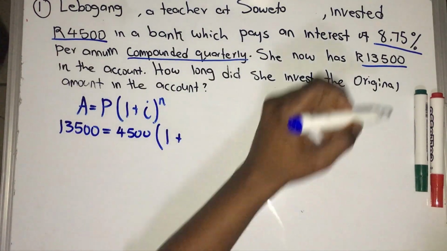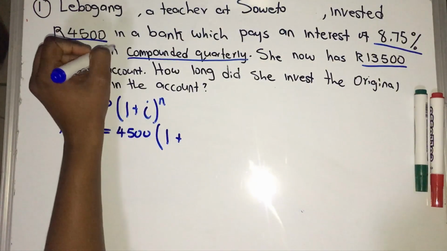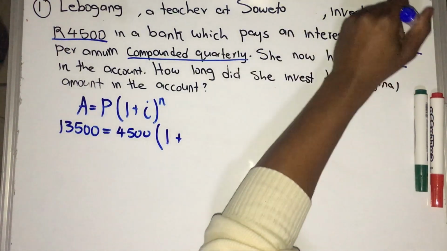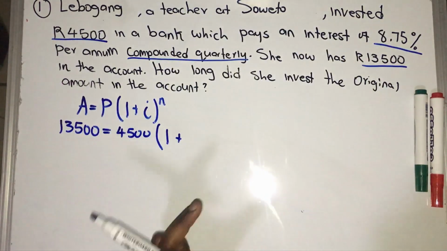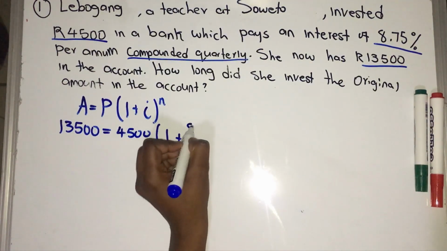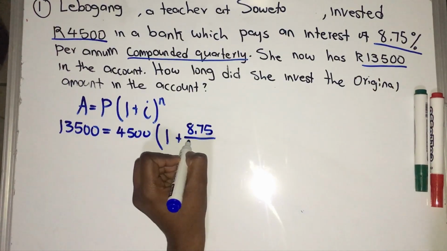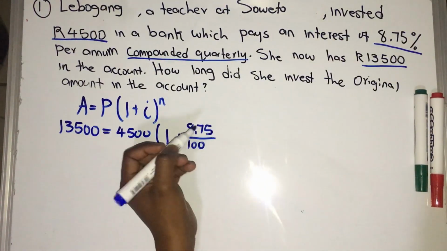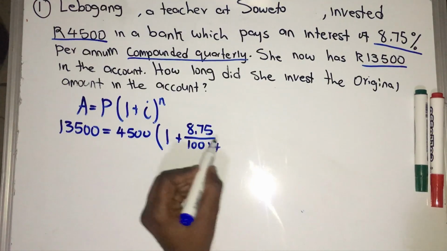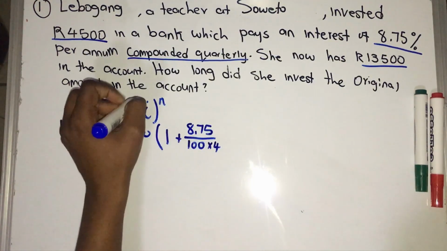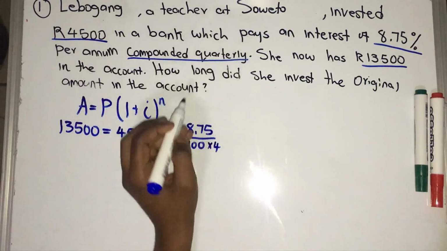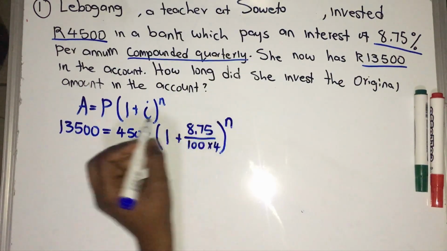This means that this 8.75 per annum is paid every quarter, so you divide it by 4 to get how much is paid each quarter. So the interest is 8.75 divided by 100, remember this is a percentage, and we divide it by 4 so that we split the interest as it's compounded quarterly. Then everything is raised to the power of n.